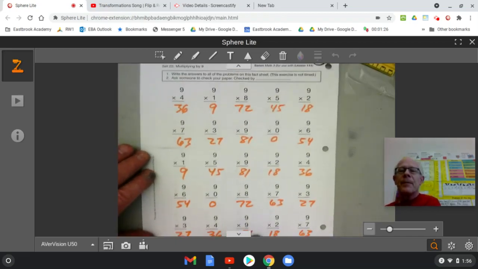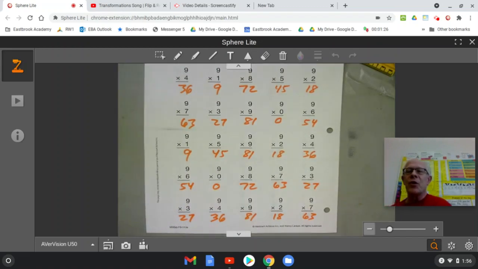Done. So I just wanted to show you the way you guys have to memorize the facts. So I had to memorize the facts when I was a kid.